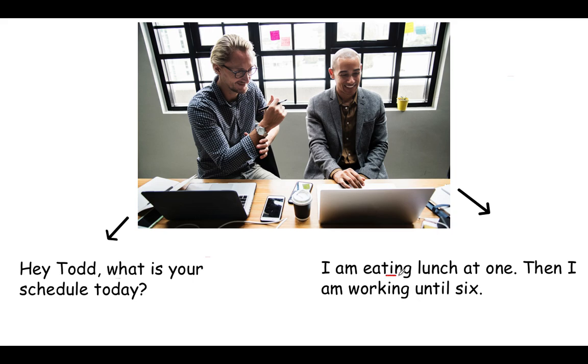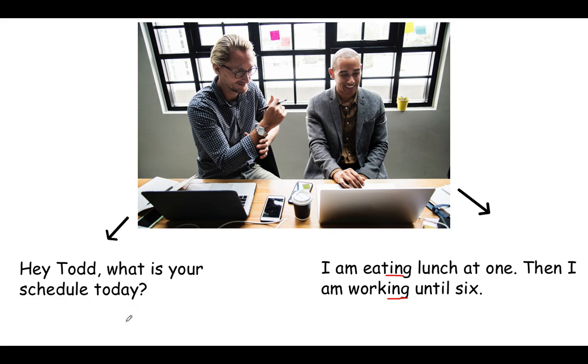So you'll see that this person responded with present continuous verb tense, right? Something that we used to talk about, things that we're planning on doing or things that are happening right now. The reason he's answering with ing, present continuous verb tense, is because the person asks, what is your schedule today?